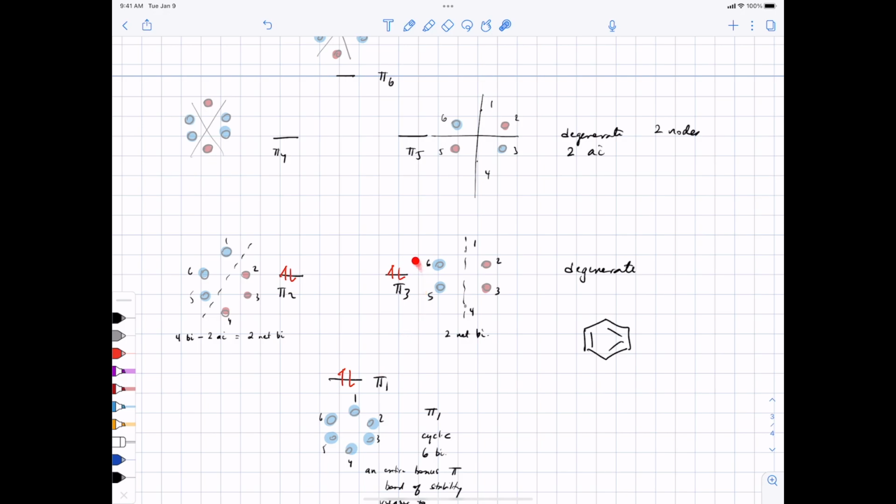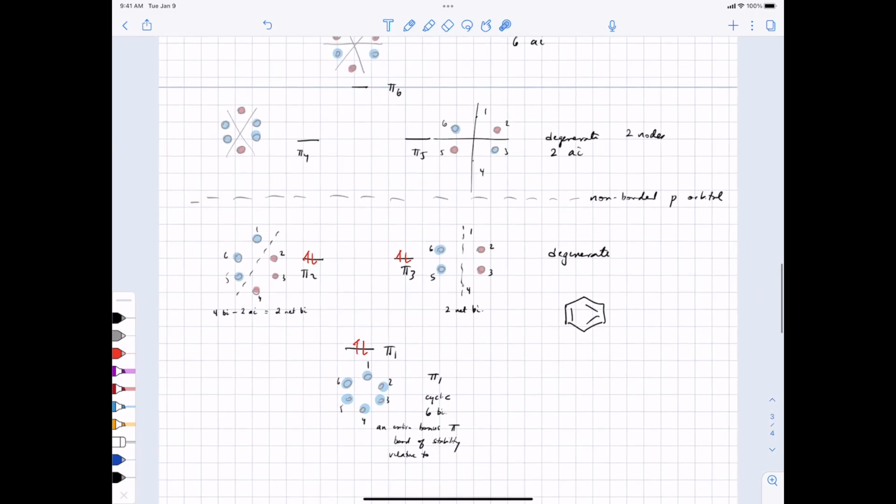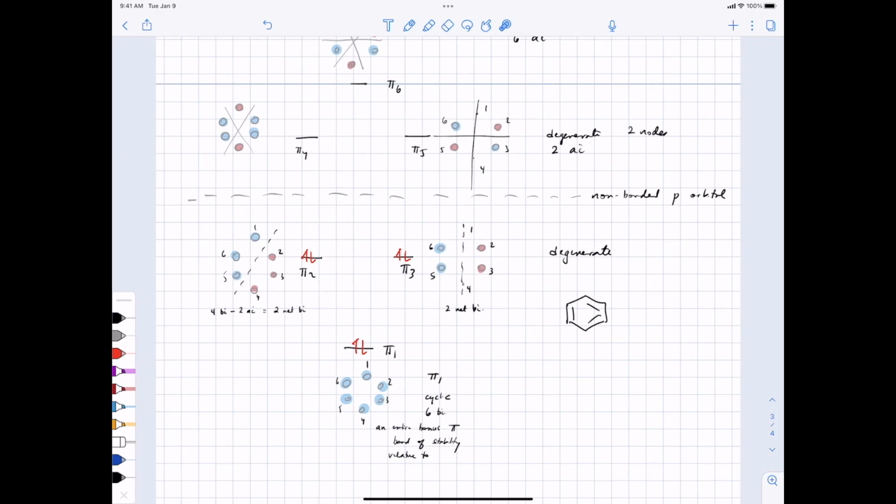So if you have 6 electrons in benzene, you are able to fill all of the bonding orbitals. If we use our dotted line to indicate the location of where non-bonded p orbitals would be, with 6 electrons, you fill all of benzene's bonding orbitals and none of its anti-bonding orbitals.